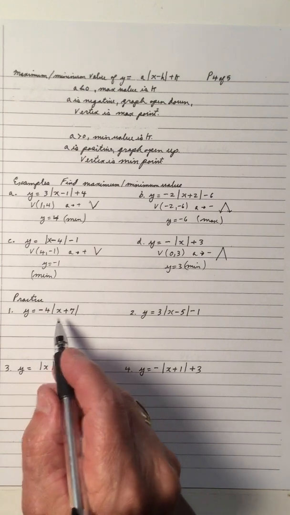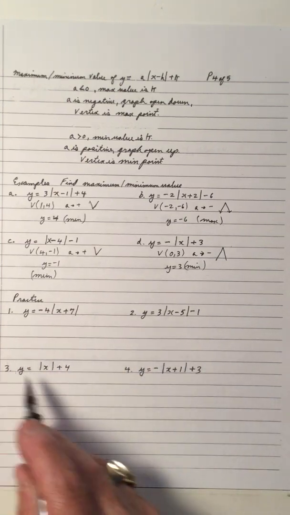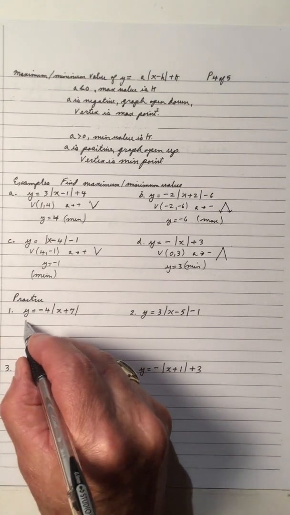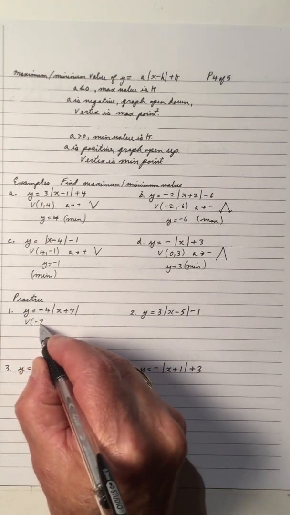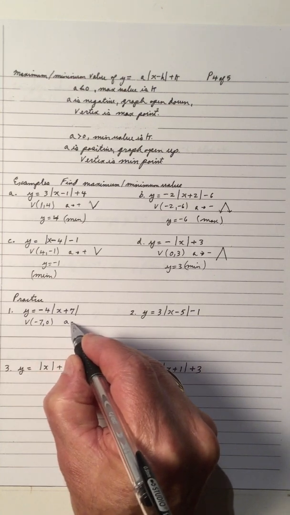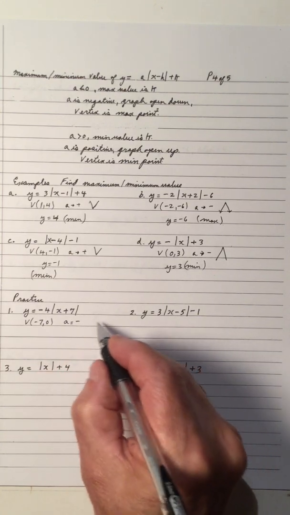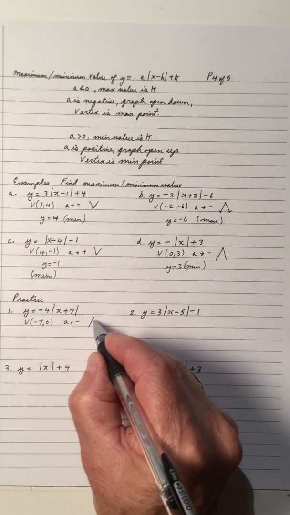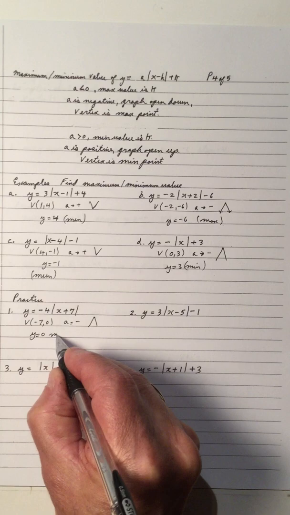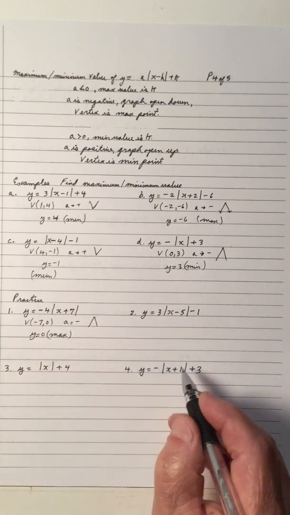So practice means pause the video and see if you can get the answers to the 3 or 4 of these correctly. The vertex is (-7, 0). A is negative, and as a result, it opens down. So y equals 0 is your maximum value.